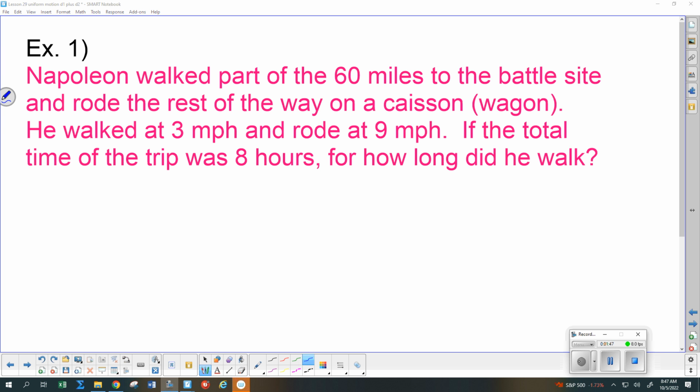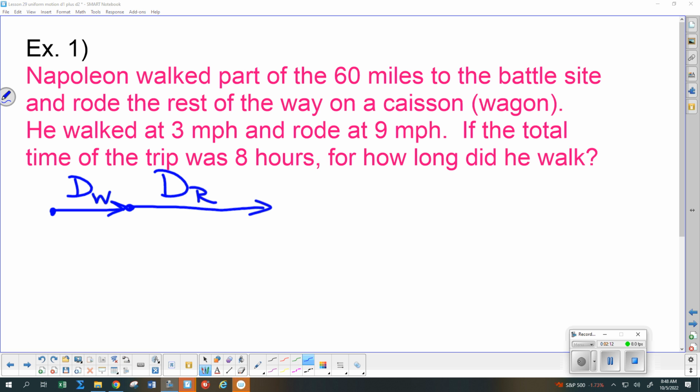So he's starting, and he's trying to make it over here to the battle site. He walks part way, and then he gets in that caisson, and he rides the rest of the way. So I'm going to do W for walk and R for ride. I could have done C for caisson, whatever you like in there.